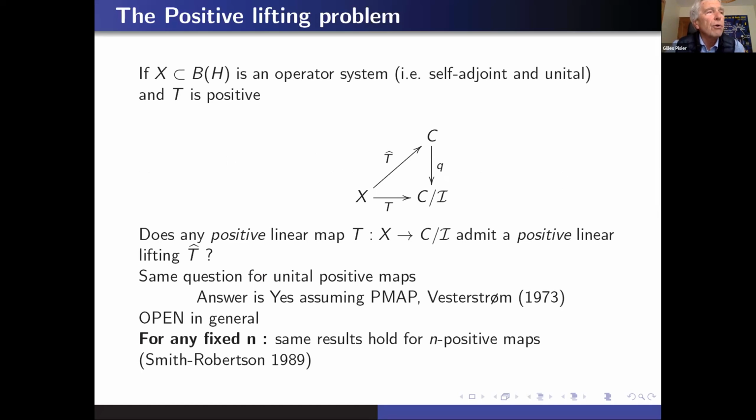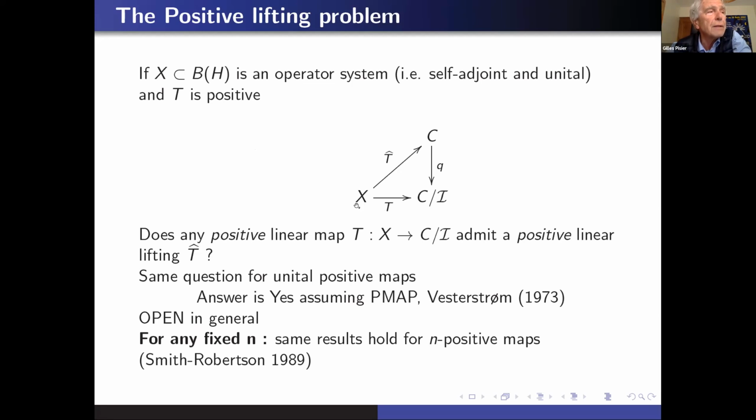The other companion problem, which is less well known but also open, is the positive lifting problem. Same setting, except X now has order structure. Let's say X is an operator system sitting in B of H. It contains the unit and is stable by adjoint, a self-adjoint unital subspace.